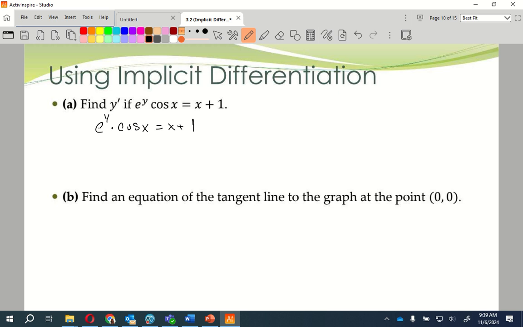So f and g: f is e to the y, f prime is almost dy dx, right? g is cosine x, g prime is negative sine x. There we go.